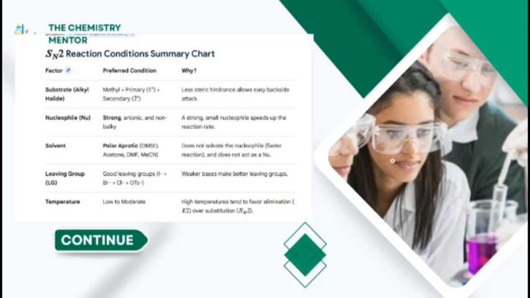By now we have seen how SN2 reactions happen, what the strong nucleophiles are and why they attack so fast. Now let's bring everything together with a quick summary chart of SN2 reaction conditions.